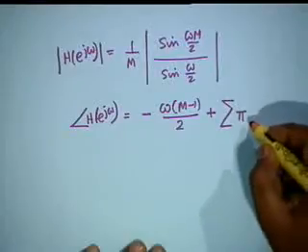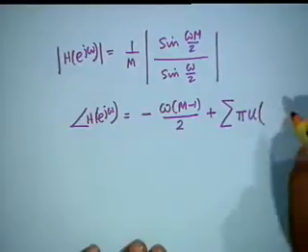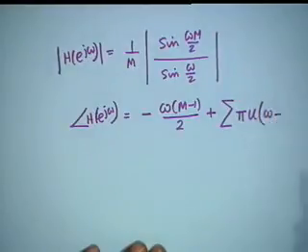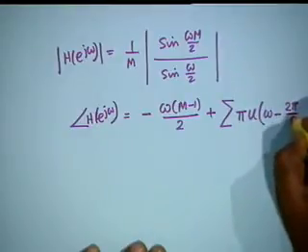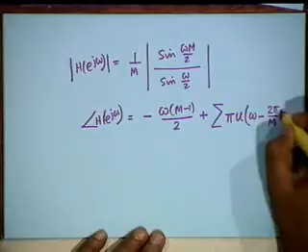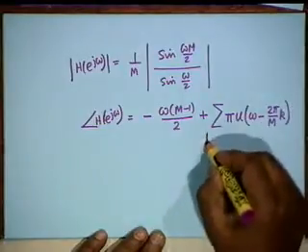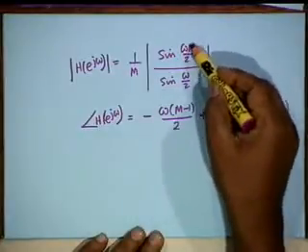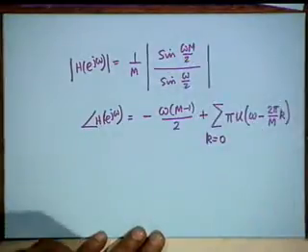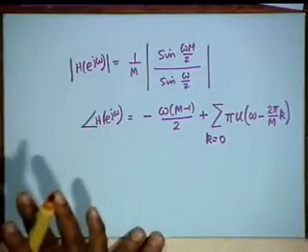So a step function of magnitude pi occurs at ω equal to 2π by M multiplied by k, where k goes from 0 to, how many such transitions shall occur? Our range of vision is ω equal to 0 to pi, and therefore when sine of ωM by 2 becomes pi, then the transition stops.